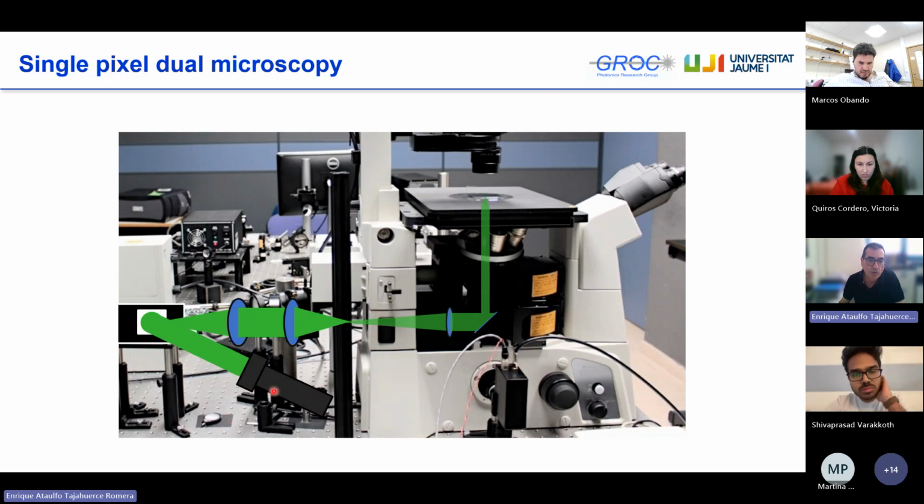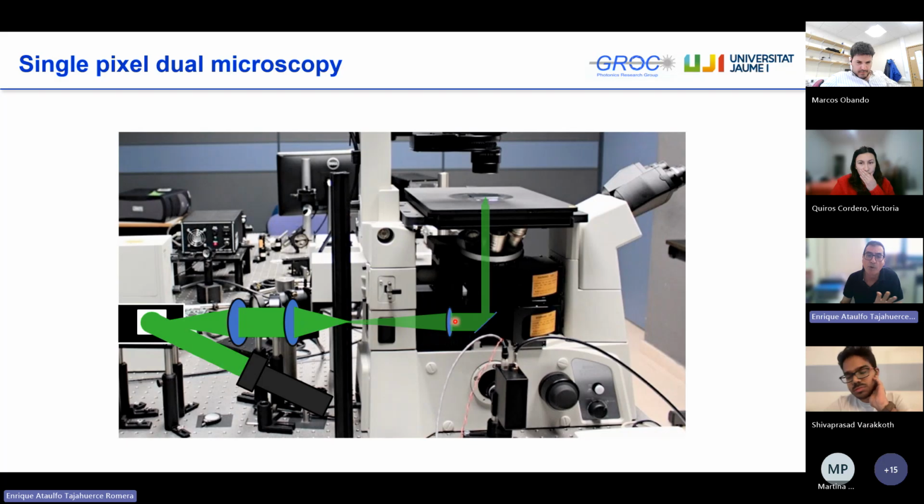The only thing we need to do is to illuminate our digital micromirror device, our spatial light modulator, and with a high-quality optical system, project the patterns onto the field diaphragm, which is here.